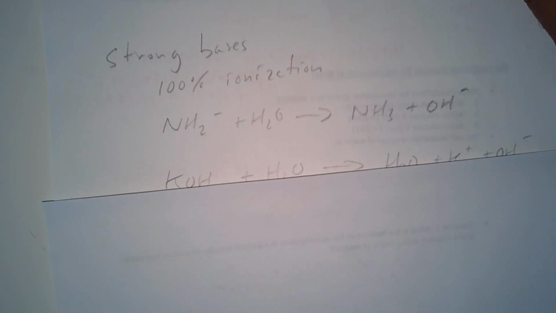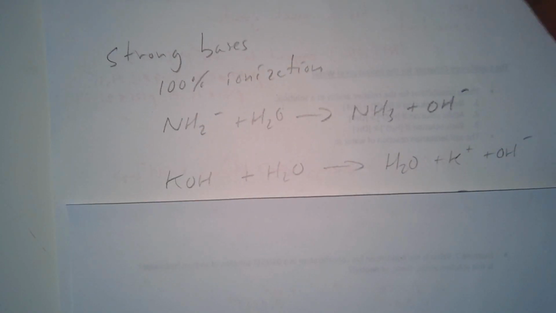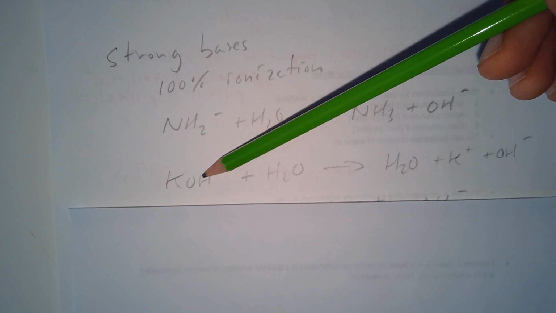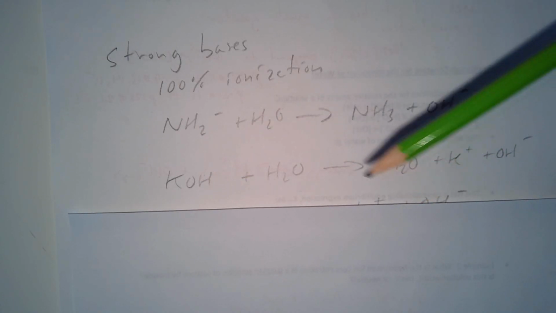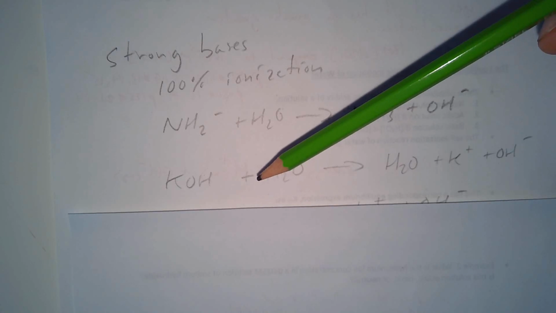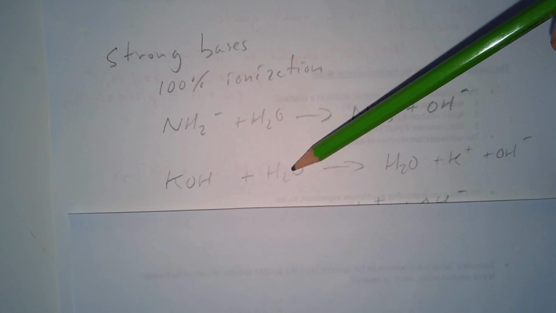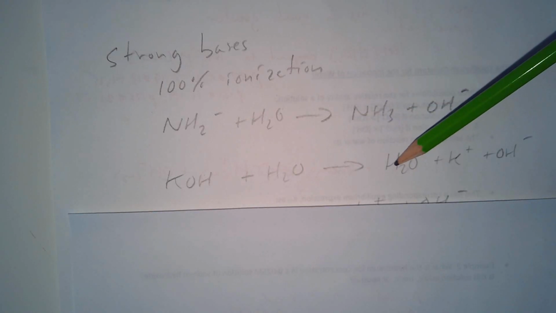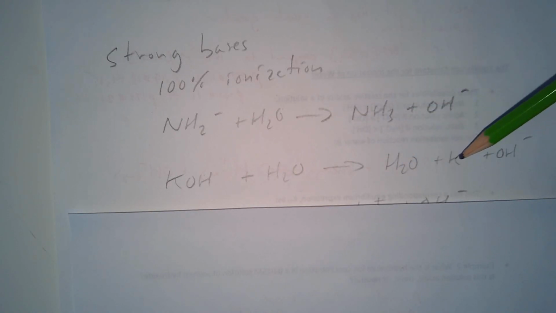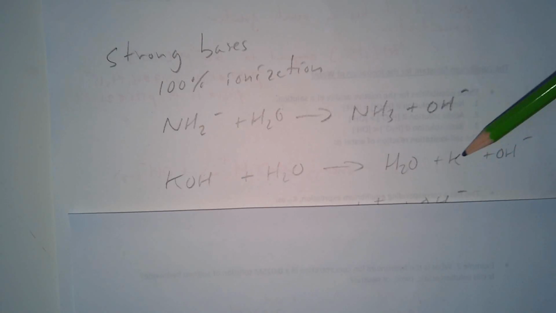Now, the one that isn't as obvious, and I think this was the question I got, was what happens when you've got KOH in water. Well, this already has the OH minus in there. So basically, if I write this reaction with water, the water is there before and after. And simply what happens is the K plus and the OH minus separate in solution, because it's soluble, so the ions are there.